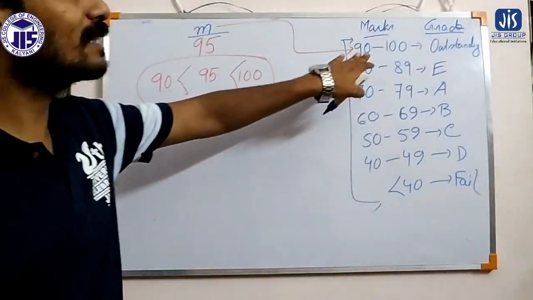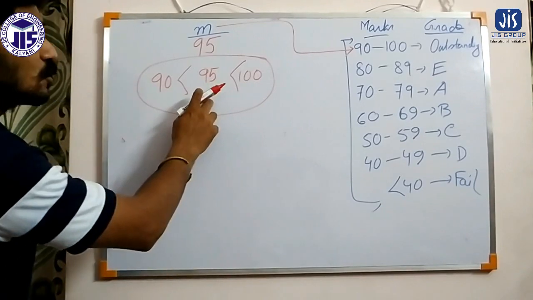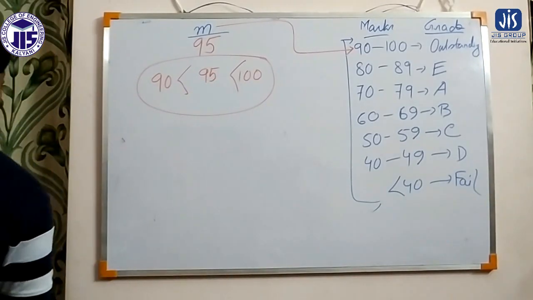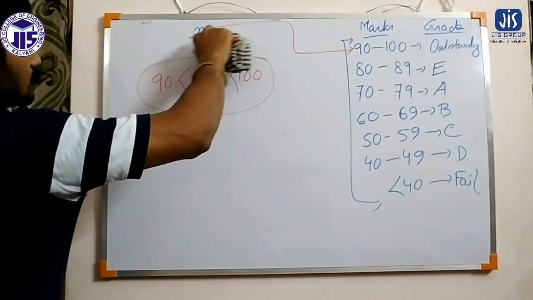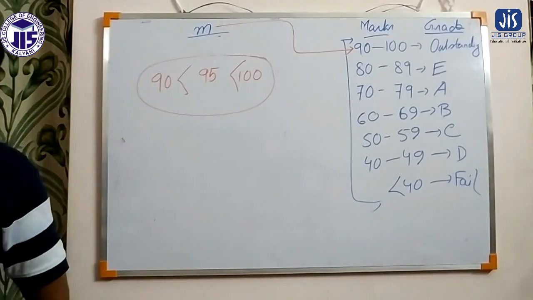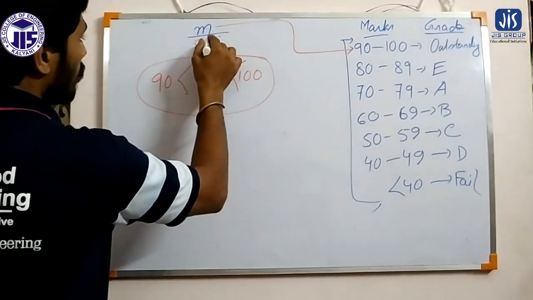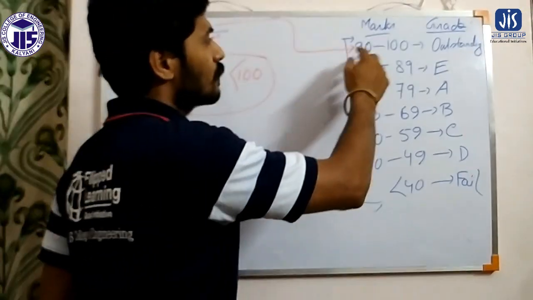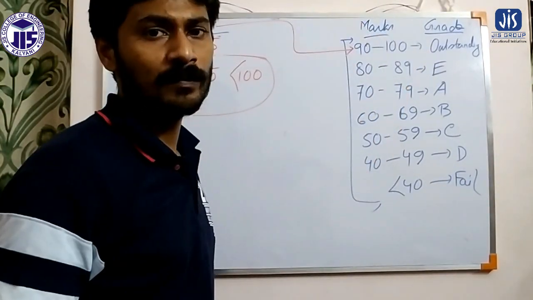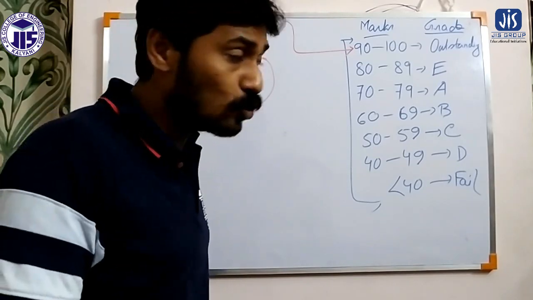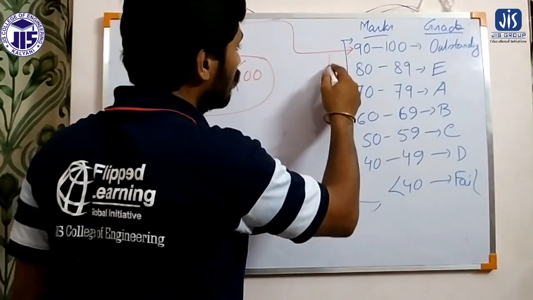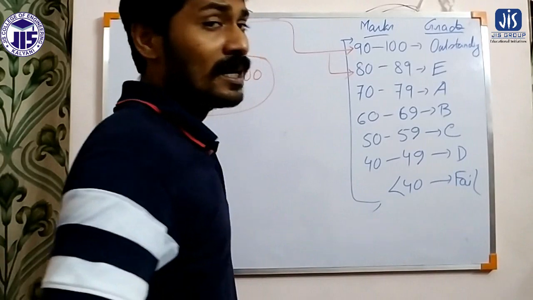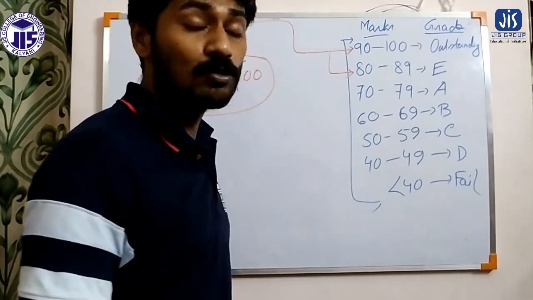If the first condition is false, for example, the marks is 85, first I will check the first range, 90 to 100. When it is not true, we go for the second range. Is it between 80 to 89?